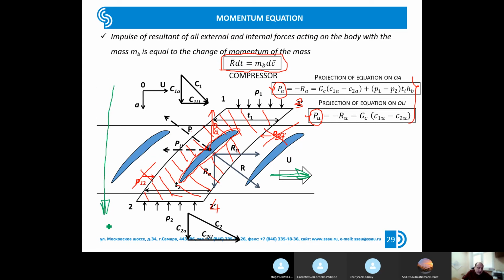It's the main direction of the flow movement from the blade row. So, do you see some strange things in this picture? Do you see some unusual moment in this picture?